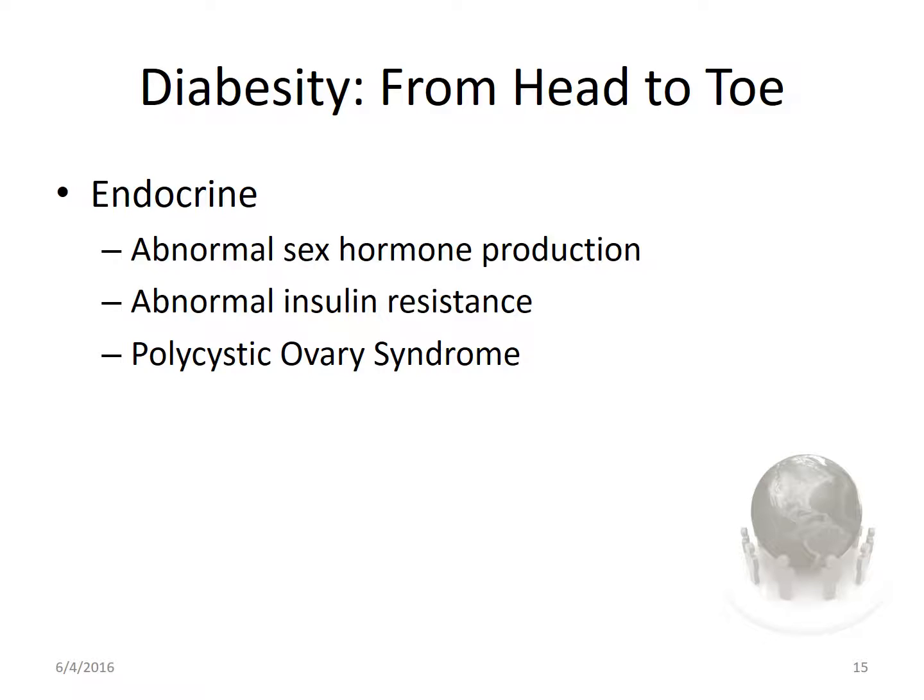This stimulates the androgen and estrogen production by the adrenal glands and the ovaries. There's also an increase of free testosterone, and this can lead to menstrual abnormalities in the female, such as amenorrhea, metrorrhagia, and polycystic ovarian syndrome.